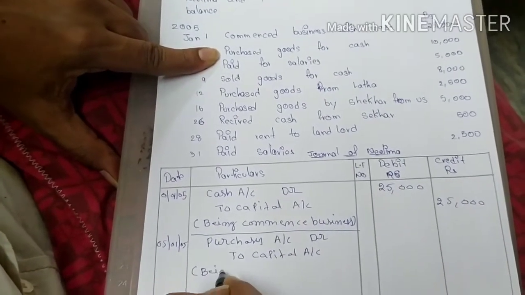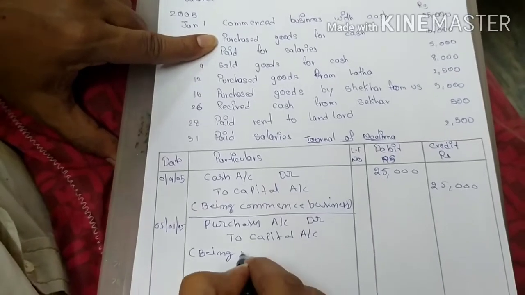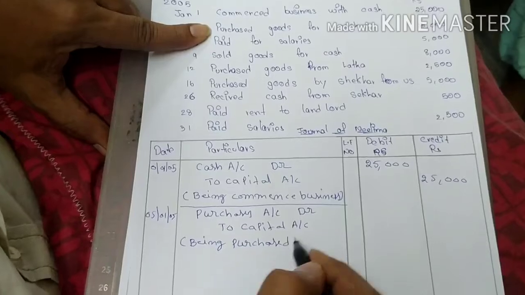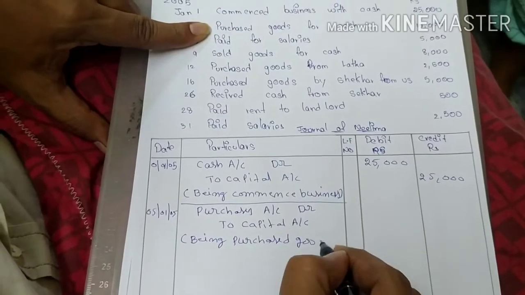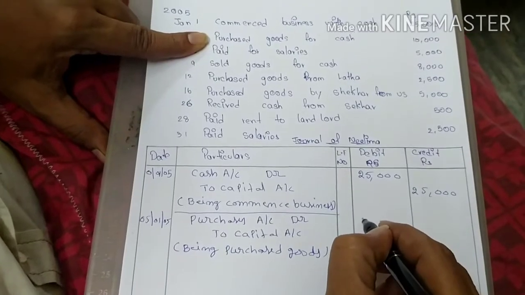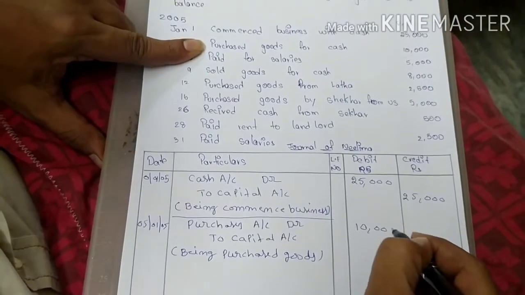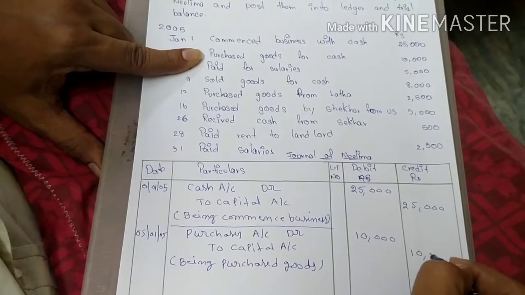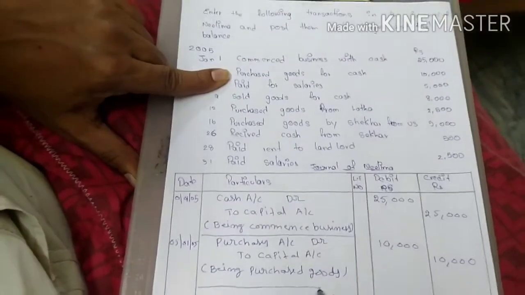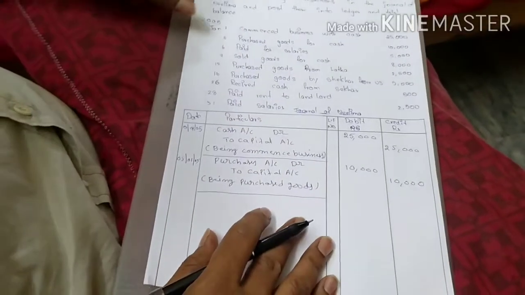Being purchased goods, amount 10,000 rupees debit side, then 10,000 rupees credit side. We have completed the second transaction.